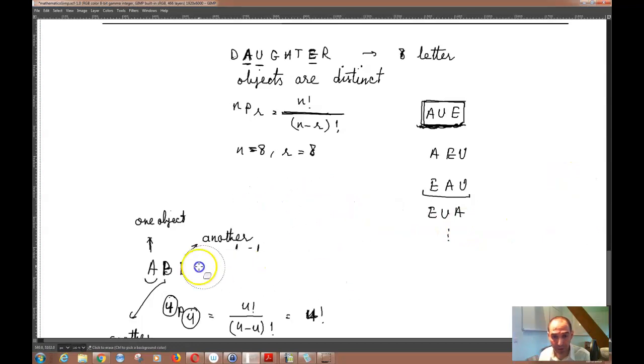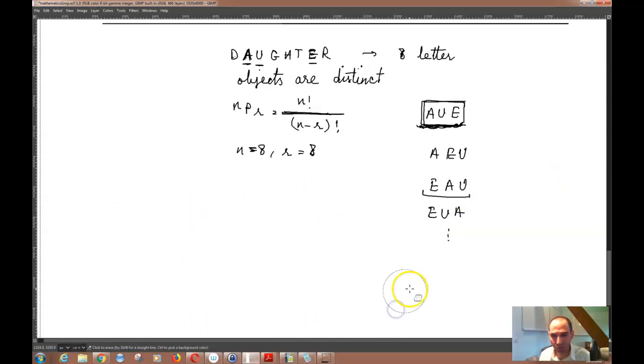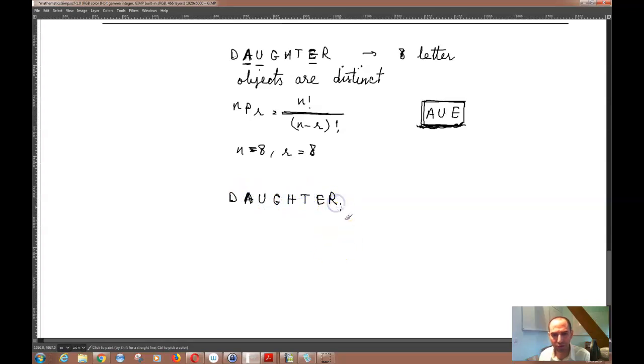And so what that means is that if I have the same word DAUGHTER, if I have this word over here, if I take A, U, and E as one single object, then how many other objects will I find in this word?